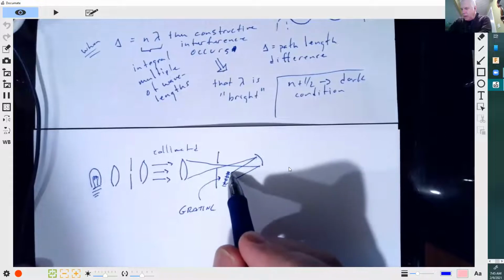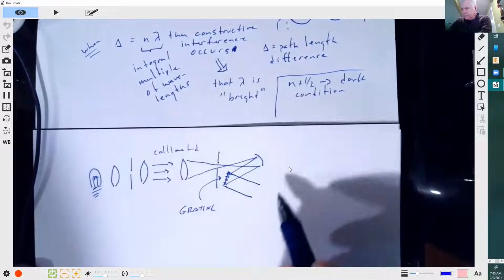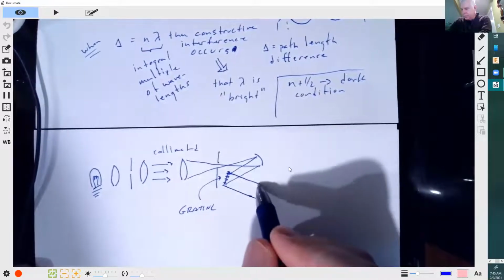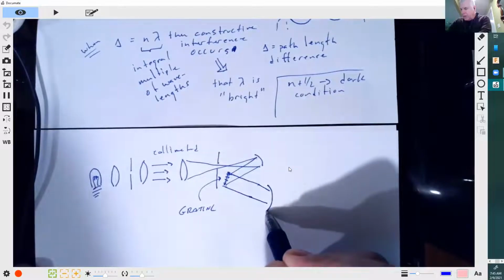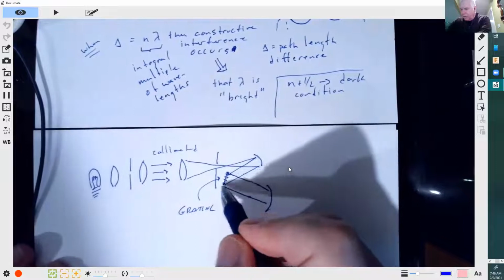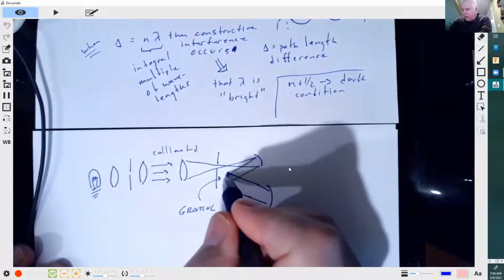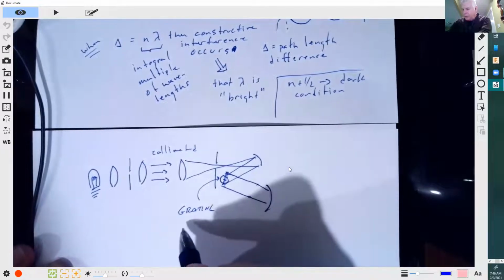And then the grating has a particular takeoff angle, right? So the grating, you can basically put the grating onto a rotational axis.